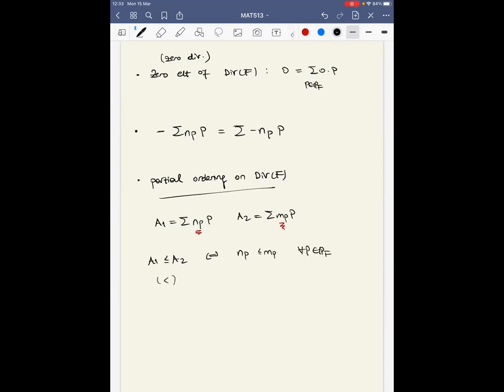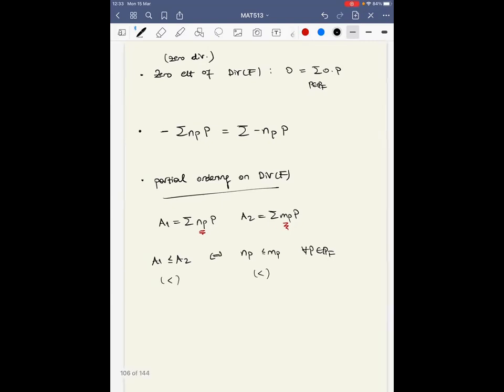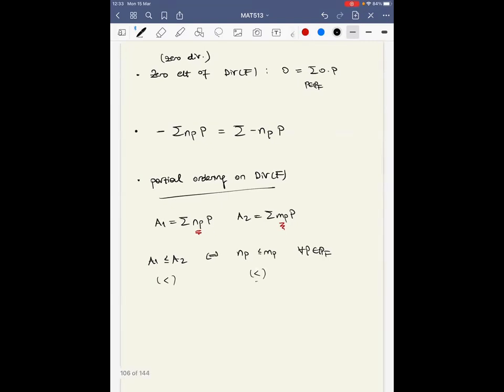Or we can also consider one divisor to be strictly less than the other one if their coefficients satisfy this inequality at each place.